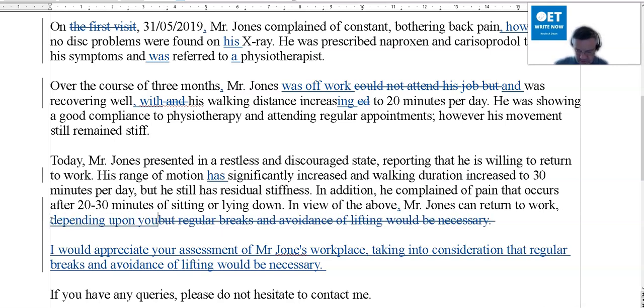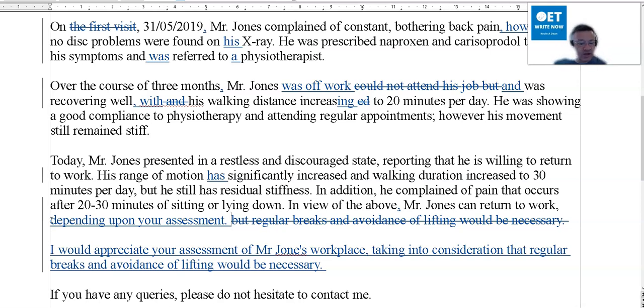Depending upon your assessment, because what you're wanting me, the occupational therapist, to do is to go and take a look, then write back and say, yeah, he can go back because of blah, blah, blah.